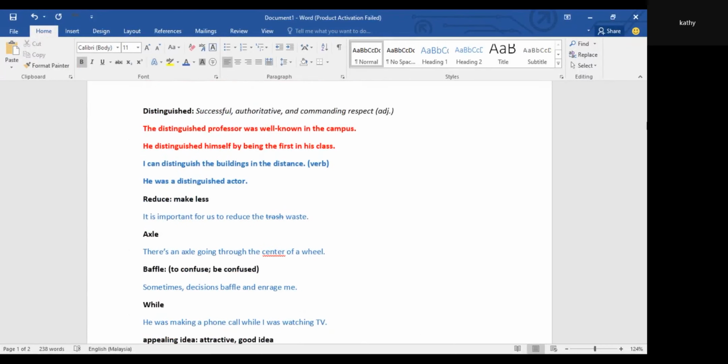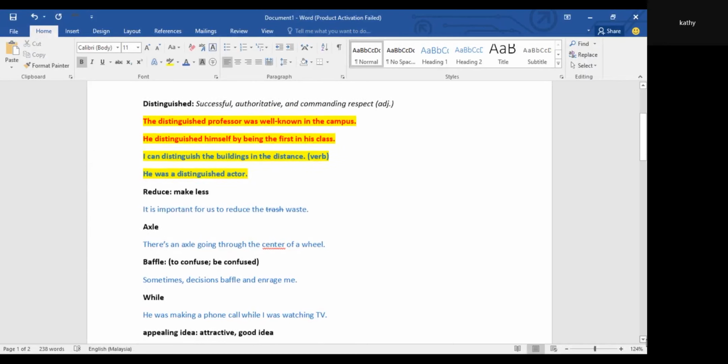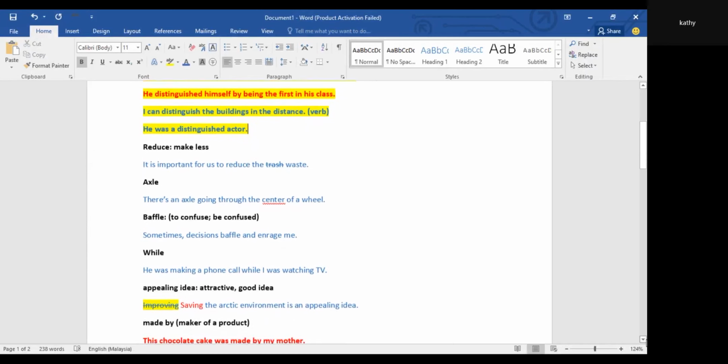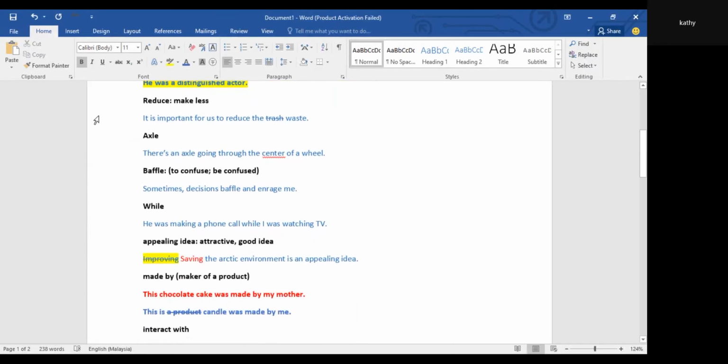The distinguished professor was well known on the campus. He distinguished himself by being the first in his class. I can distinguish the buildings in the distance. He was a distinguished actor. It is important for us to reduce the waste. There's an axle going through the center of a wheel.